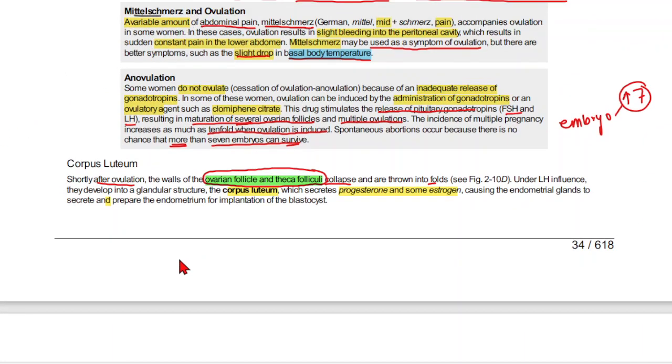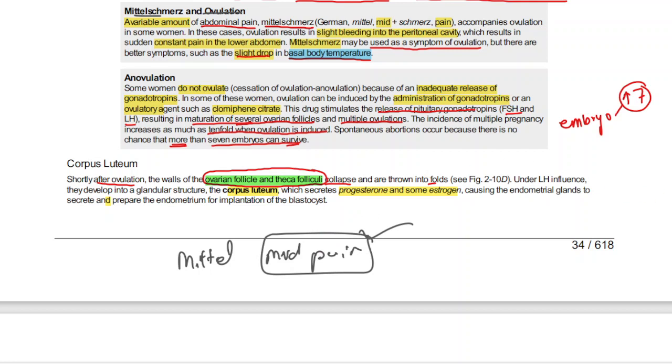Now another thing is mittelschmerz and ovulation. Mittelschmerz means mid pain. Actually in females there is pain during menses, but there is also another pain that is called mittelschmerz, the pain of ovulation.